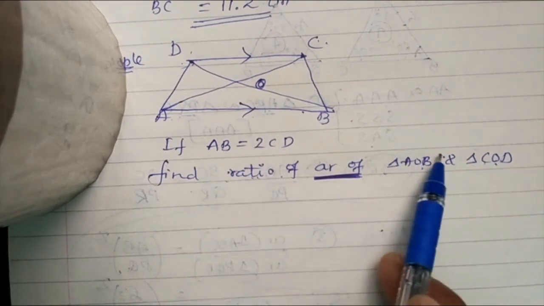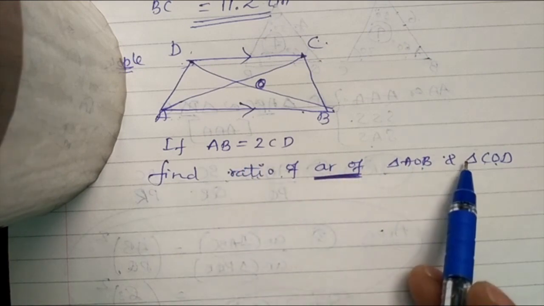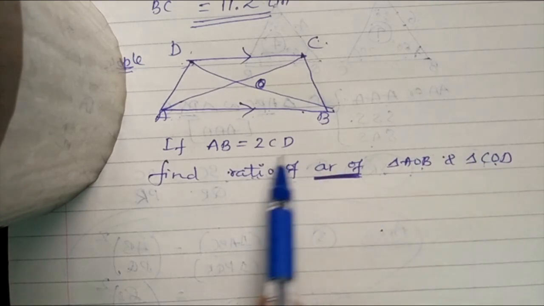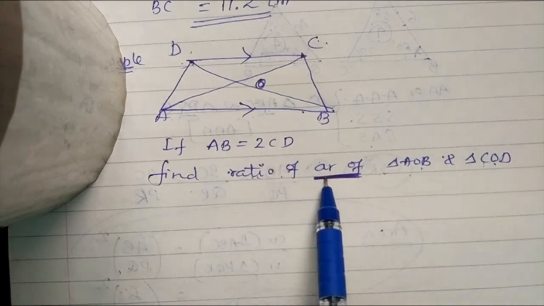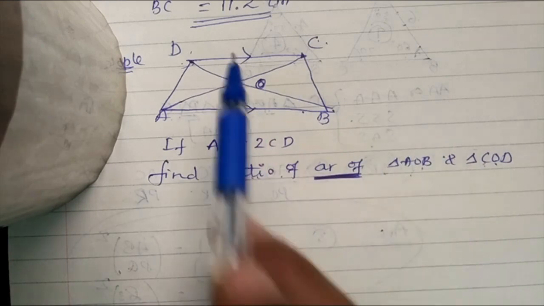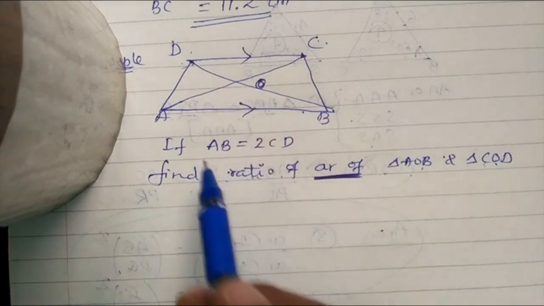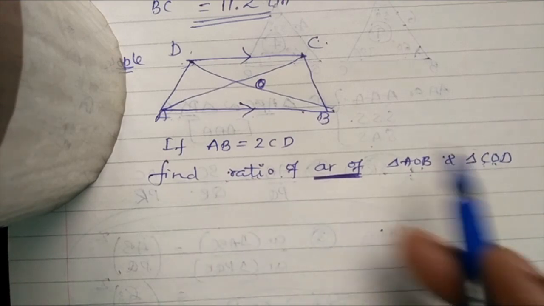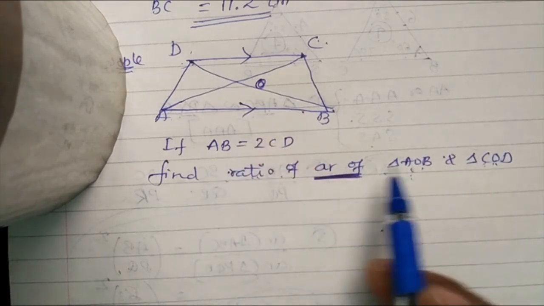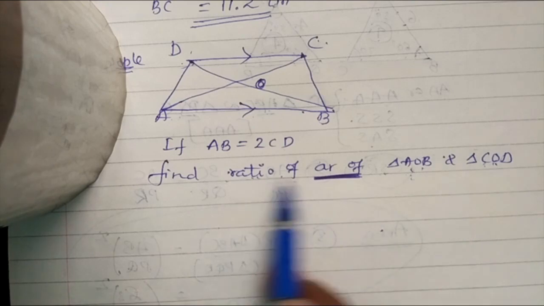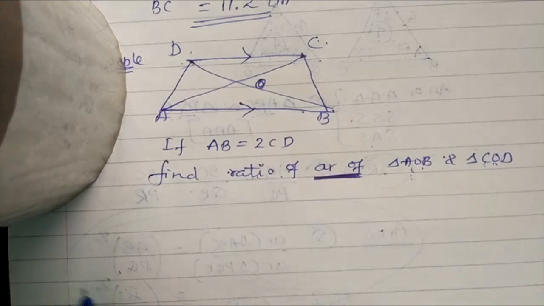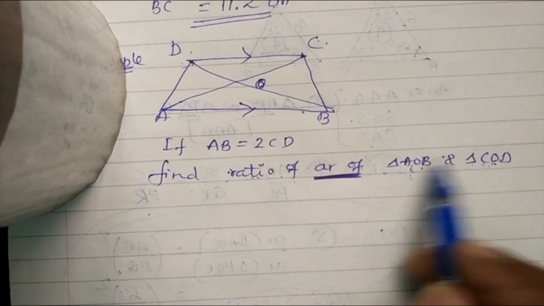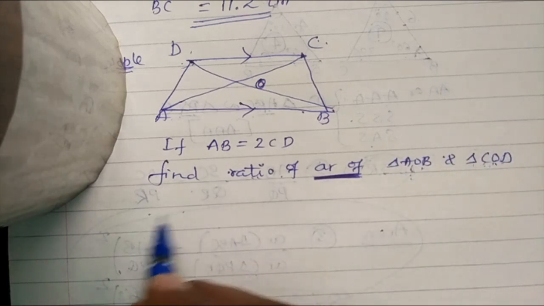But one thing here, triangles are similar is not given. AOB triangle and COD triangle ratios in terms of areas, but these two triangles should be similar first. But it is not given. In the last problem it was given by this symbol, but in this problem it is not given whether these two triangles are similar or not. Other than proving this, we cannot go to areas of their ratios. So therefore, first we select these two triangles. Let us prove these two triangles are similar.